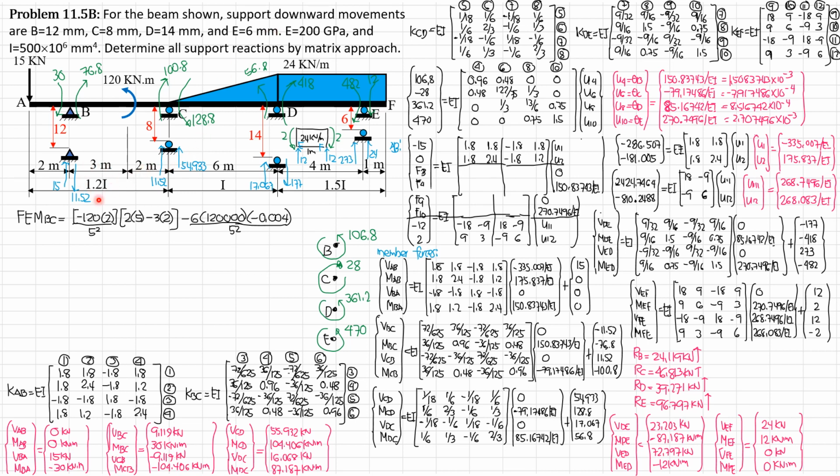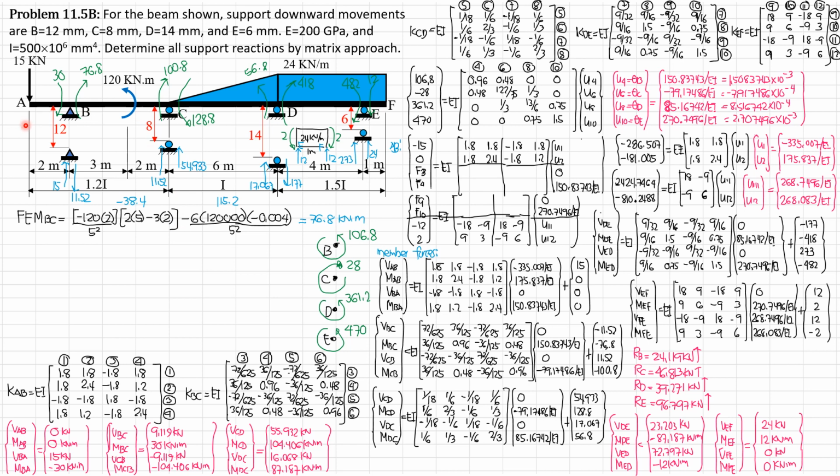Then because I here is 1.2, so 100,000 times 1.2 is 120,000 kilonewton meter square. Then delta is 4 mm and it is treated negative. So it is negative 38.4, this one. Then the value here is positive 115.2 combining. So fixed moment BC is 76.8 kilonewton meter, and it is positive. That's why it is a clockwise application here.